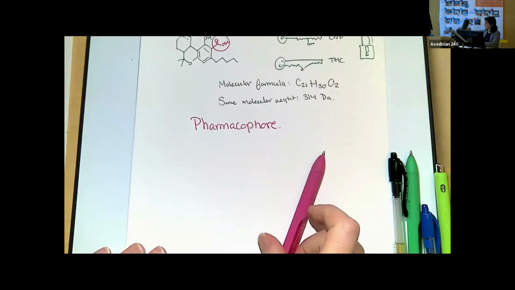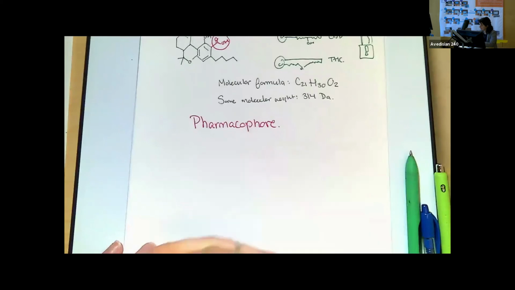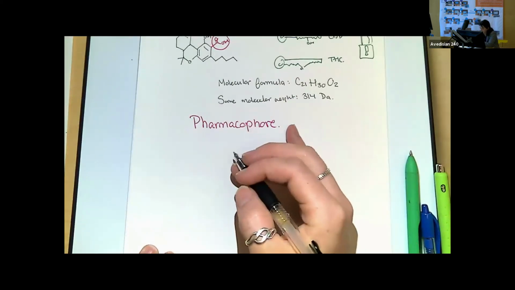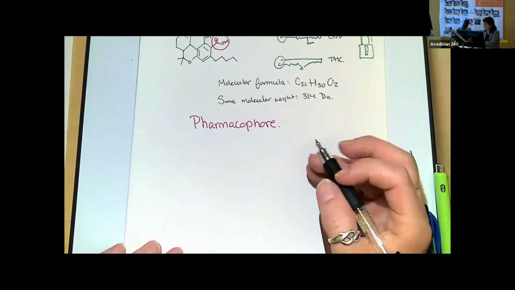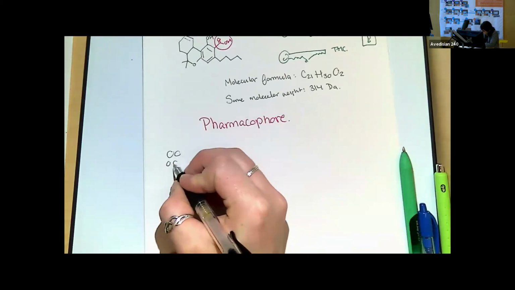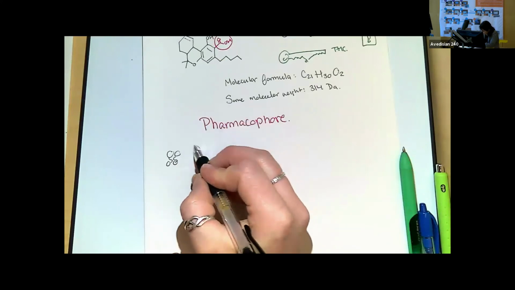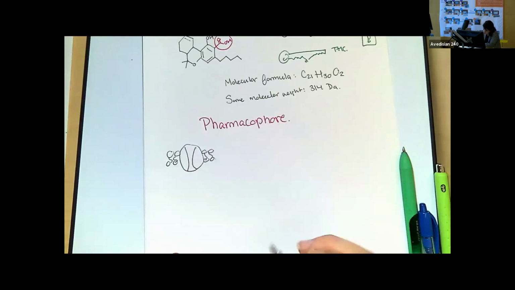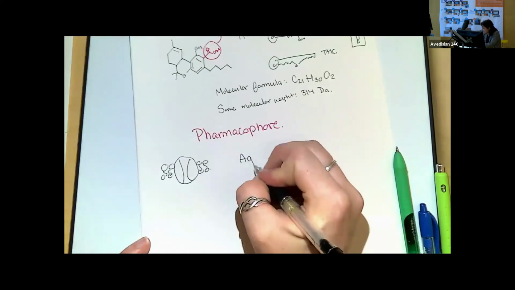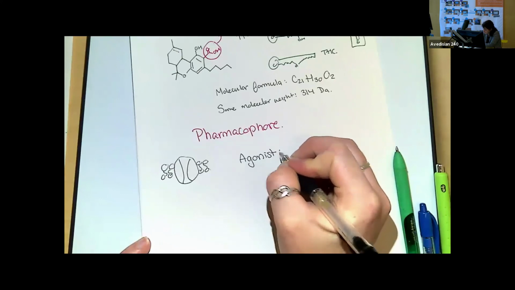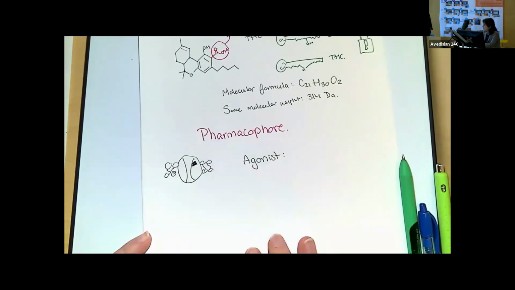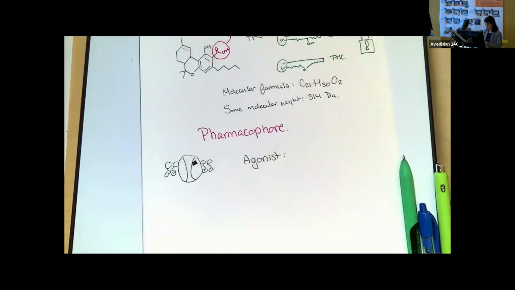However, ligands, or small molecules like CBD, THC, anandamide, and 2-AG, they can interact with receptors in a few different ways. So again, I'm drawing my lipid bilayer because this is a transmembrane receptor. And first, we're going to talk about agonist molecules. So an agonist molecule, there's a specific part on the receptor where that agonist is going to bind.